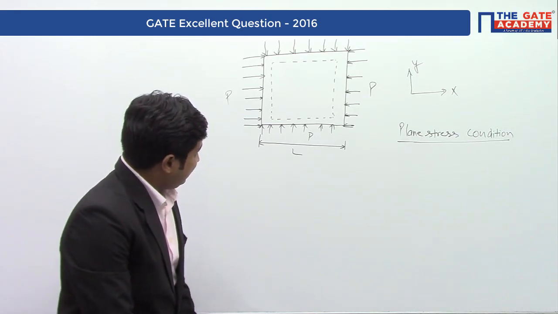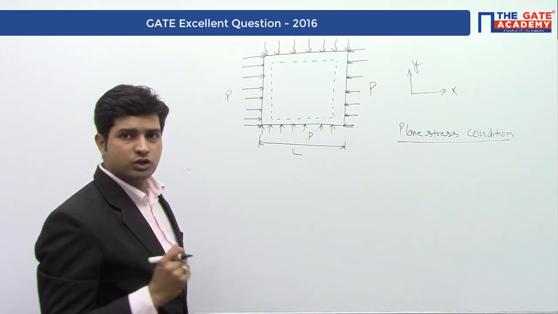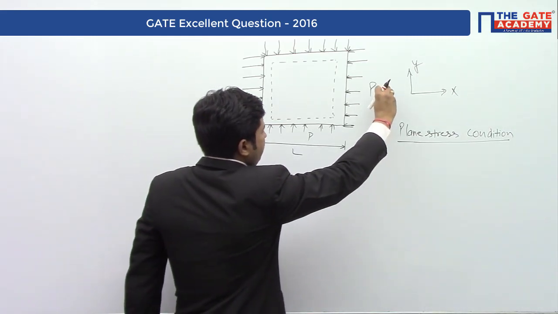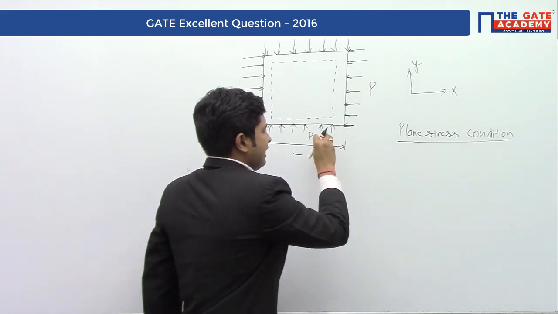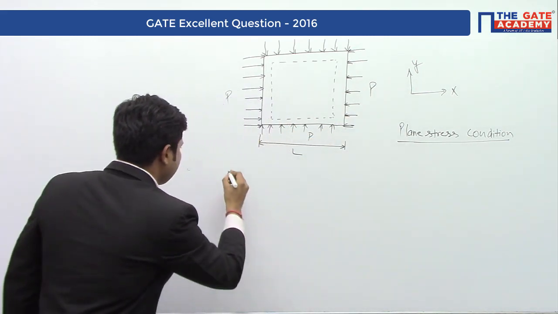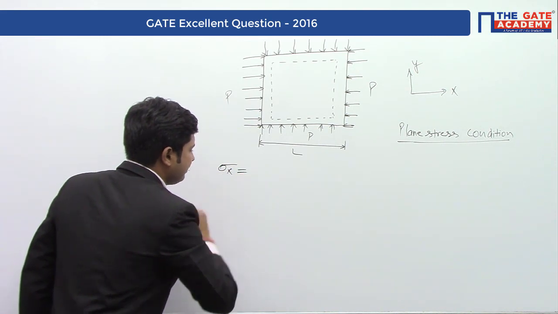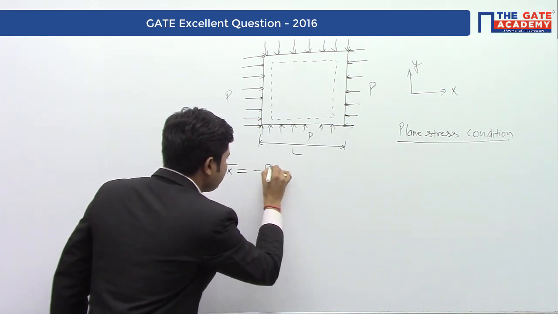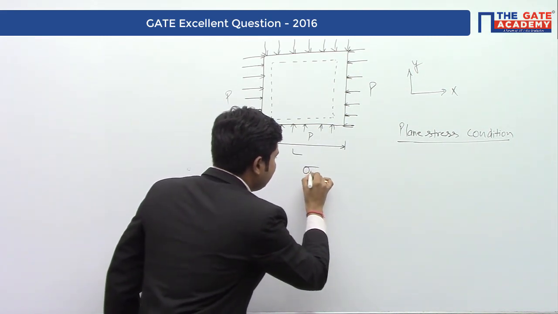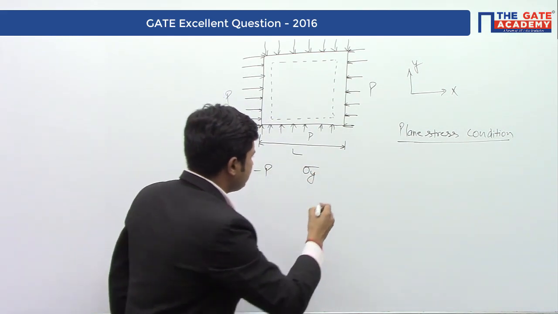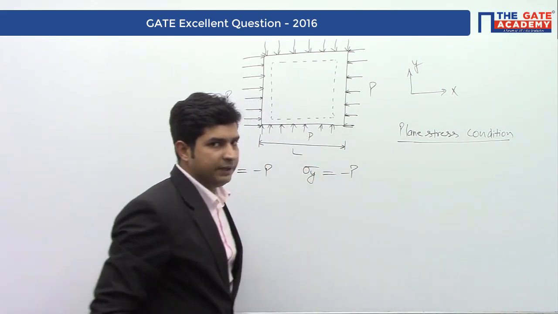Now, let's see what is given in this question. This is P and this is P along X direction and Y direction. So we can say that the stress in X direction, sigma X, equals minus P, and sigma Y, the stress in Y direction, is also minus P.